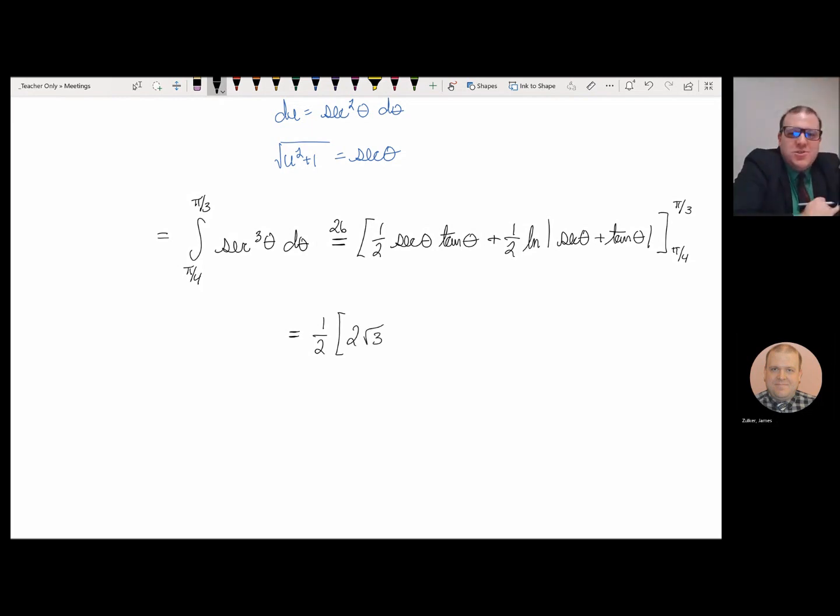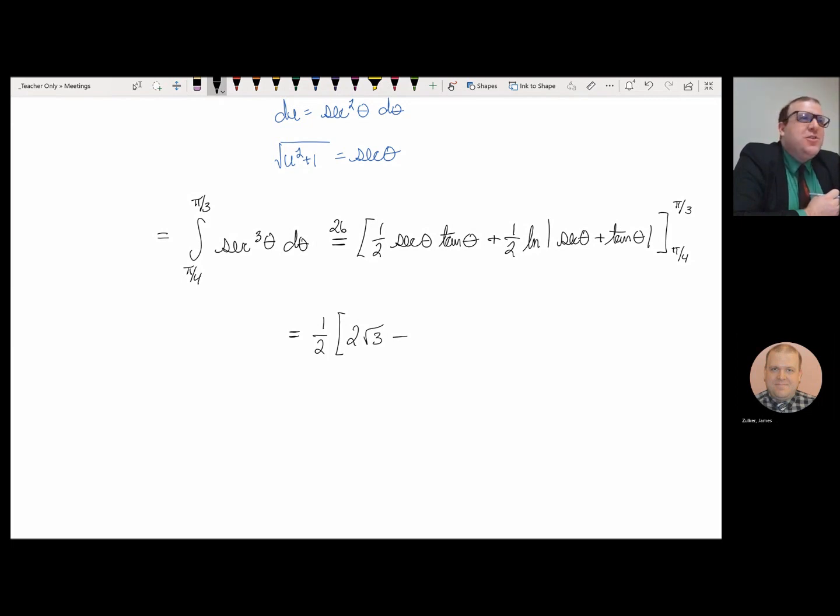So that first evaluation is 2 root 3. I'm now just going to evaluate that at pi over 4, get it out of the way. What's secant of pi over 4? Which simplifies to what? Which is just root 2.